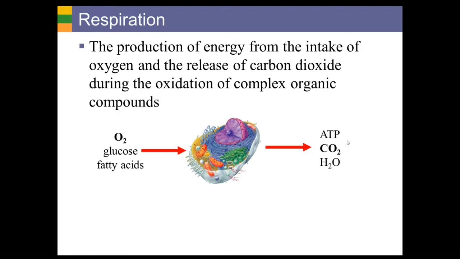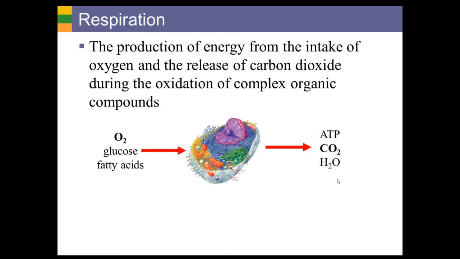That's the form of energy that cells use, and the byproducts are carbon dioxide and water, right? Not much unlike burning gasoline or some kind of fuel, right? You have to have oxygen, and the byproducts are carbon dioxide and water.